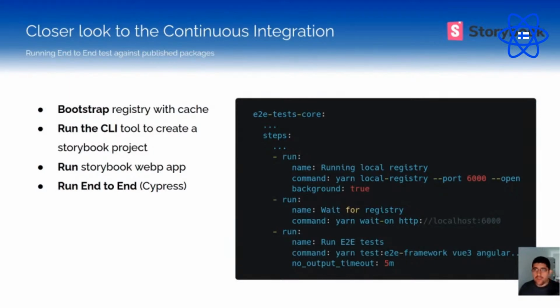If you have already used Storybook, they have a CLI which creates a project with all dependencies installed and all the templates, everything you need to start. They do this, and after bootstrapping the registry they build the project. Once the project is built, they run it and run end-to-end tests over the Storybook web app.